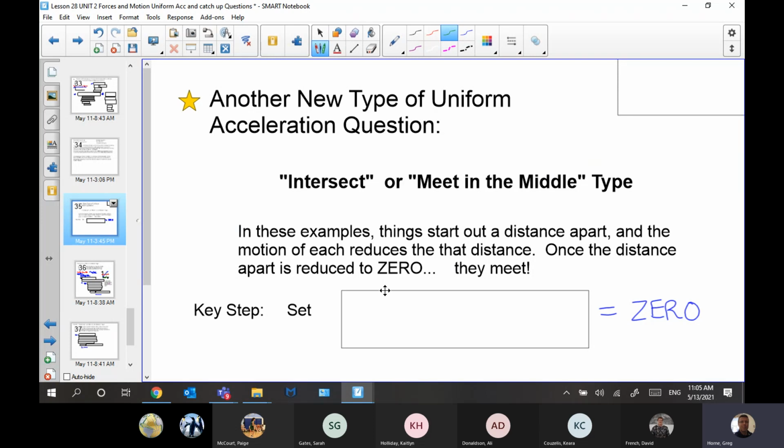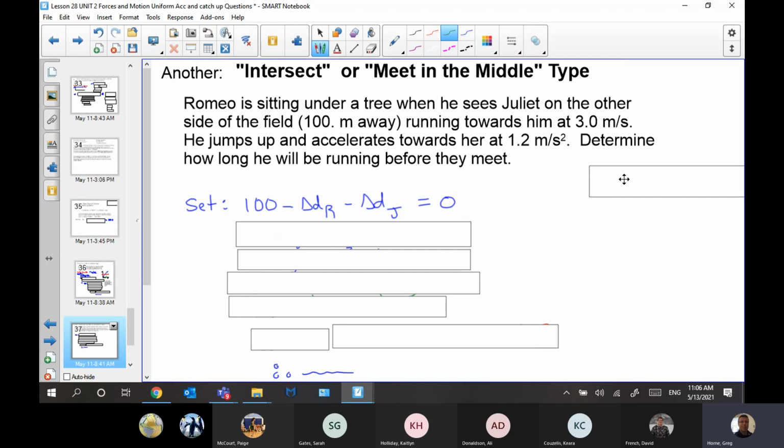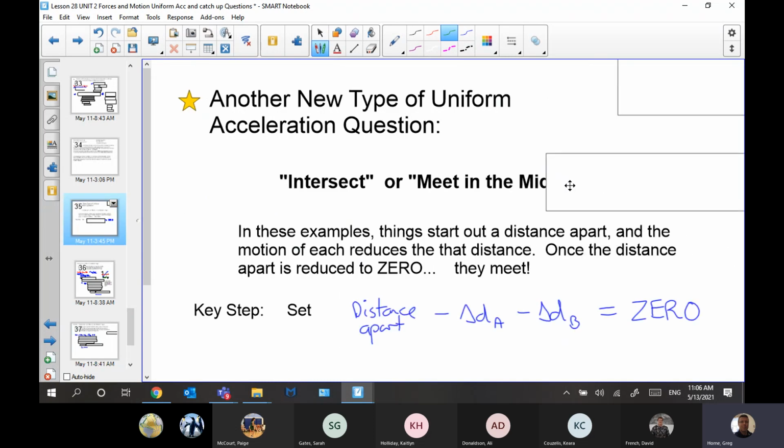If you look back at this Romeo question, I'm going to be saying let the displacements add to 0 is basically the idea, right? So set those displacements, like you have the distance apart, and then take away the distance the one person goes and take away the distance the other person goes until that becomes 0, then they've met in the middle.